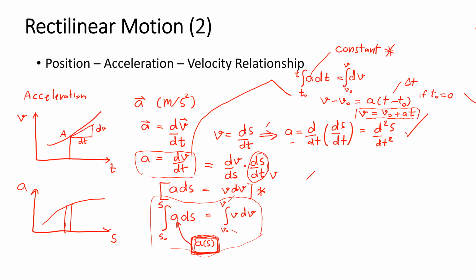By this, I hope you still remember from high school, V equals U plus AT. Velocity is initial velocity plus acceleration multiplied by the time.